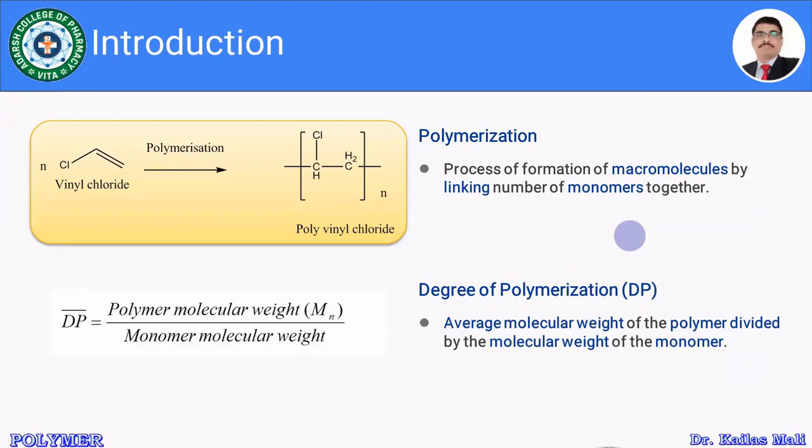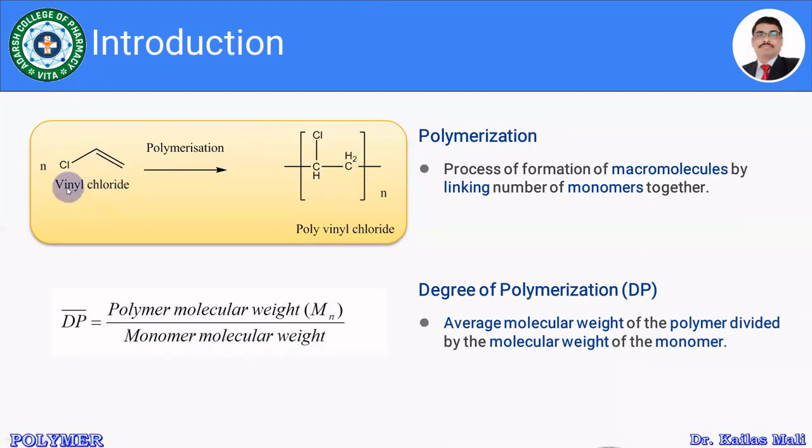As we have seen, polymerization is responsible to get the polymer from the monomer. So let us see what is meant by the polymerization. Polymerization is the process of formation of macromolecules by linking a number of monomers together.